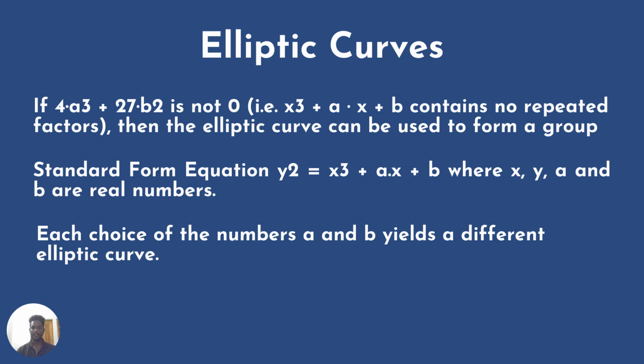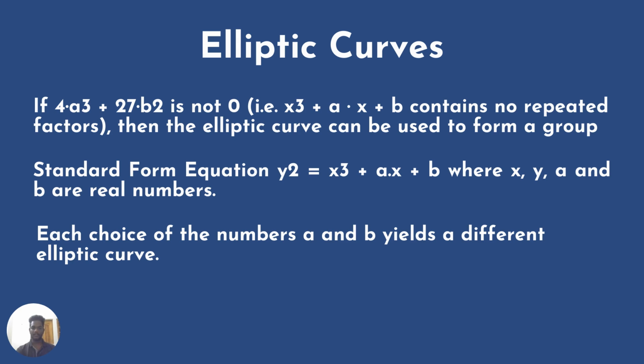Then the elliptic curve can be used to form a group. When we try to solve two different equations, we will be getting two different values. This is called elliptic arithmetic. We'll be seeing them in upcoming slides.